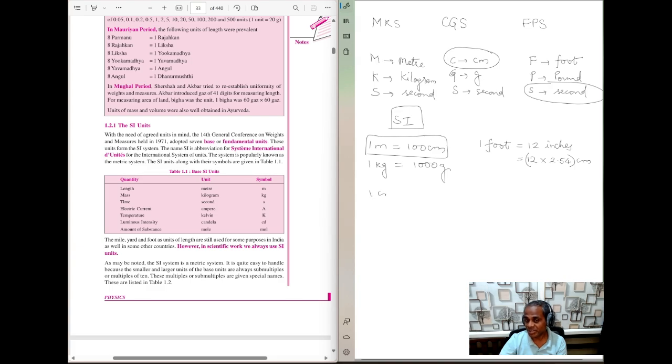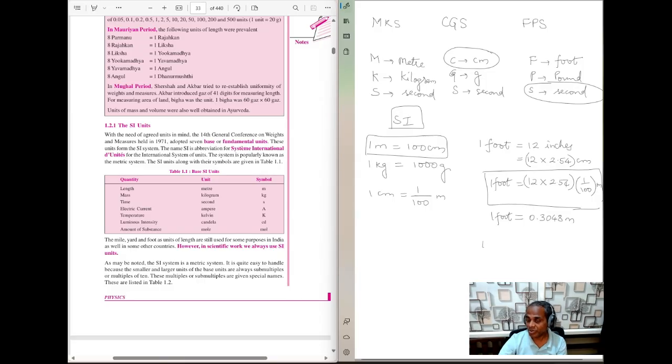So 12 into 2.54 centimeters is equal to 12 into 2.54 into 1 by 100 of a meter. Now what is the value of this? It comes out to be around 0.3048 meters. So 1 foot can be approximately said as 0.3048 meters.